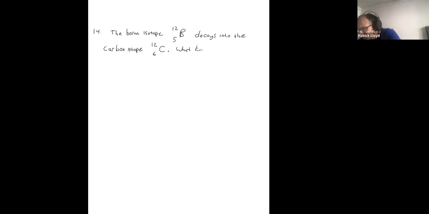This is one from the end of the chapter, number 14. It says the boron isotope boron-12 decays into the carbon isotope carbon-12. What kind of particle is produced?